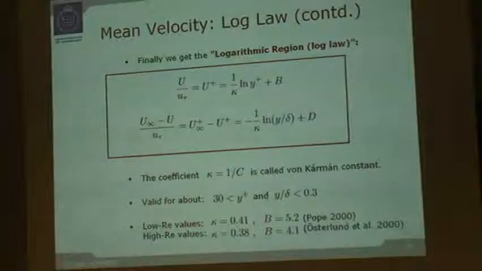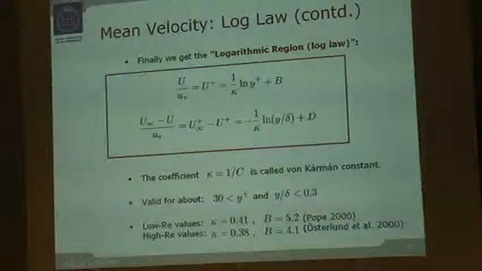Now, the constants that appear here, in particular kappa and b, might not be so constant, or there might not be so much agreement on what these constants really should be. It turns out for low Reynolds number flows, a good approximation is maybe kappa 0.41 and b 5.2. These are the values recommended by Pope here. Again, there is of course no theoretical justification for these values. This is just fitting the data.